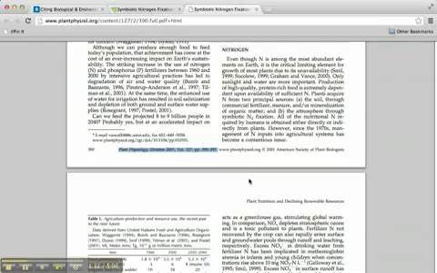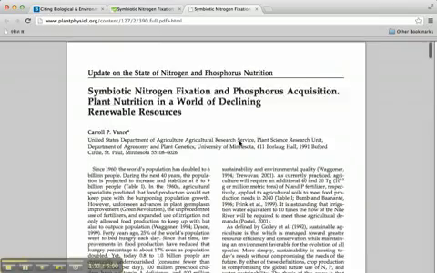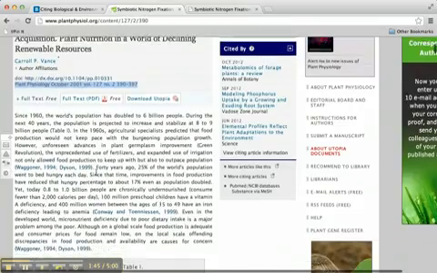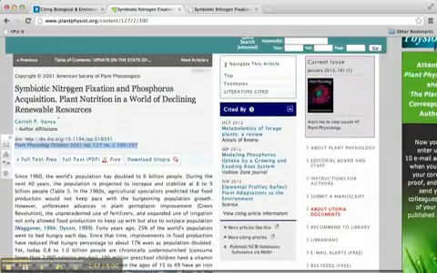Now that's most of the information that we are going to need, but we are looking for the issue number, which I don't see here on the bottom of the page, and nor do I see up here at the top. And so I'm going to have to go back to the location where I found this PDF, which for me was the Plant Physiology webpage. Here I'm going to get the access to the abstract, but I'm also going to find the piece of information that I'm looking for.